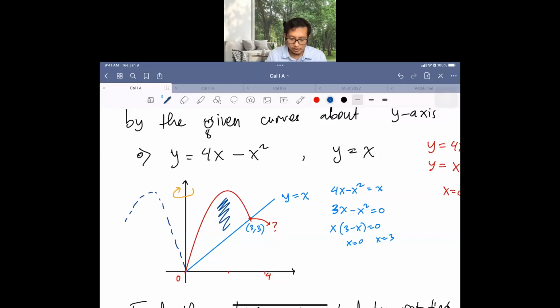If you want to use a mirror, you can imagine it being rotated. Now, what would be the best way to solve this? Can we take dy or can we take dx?